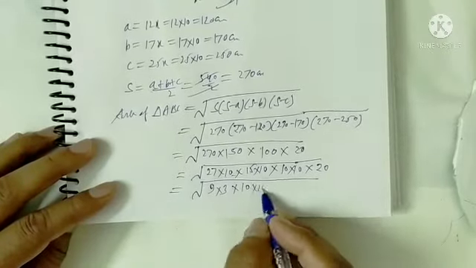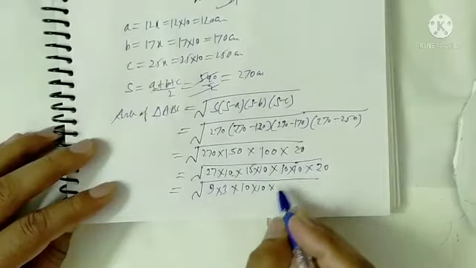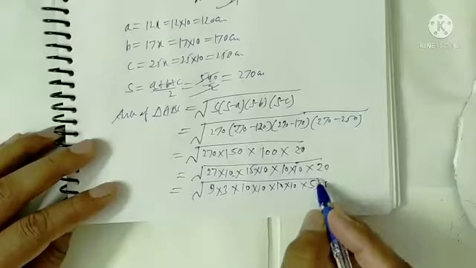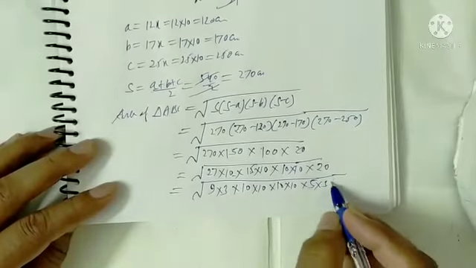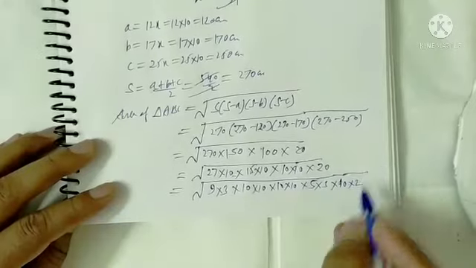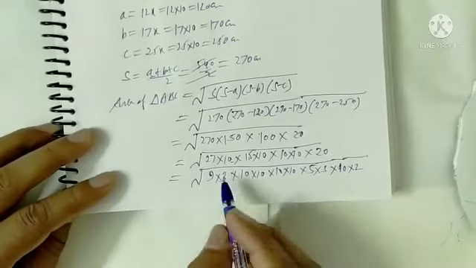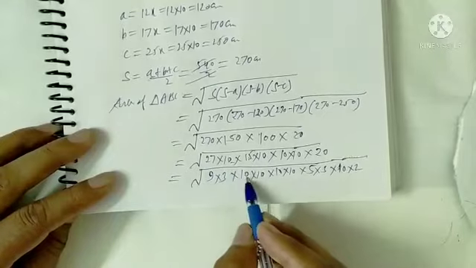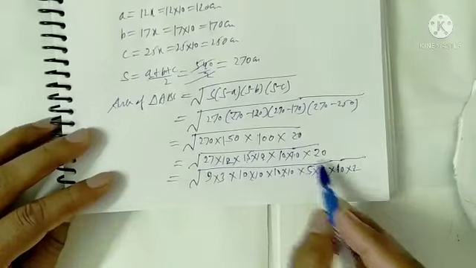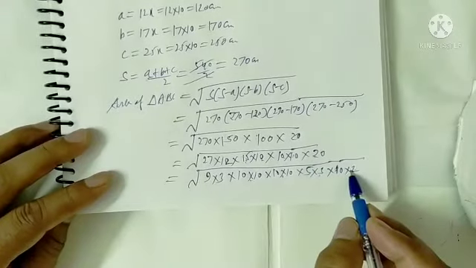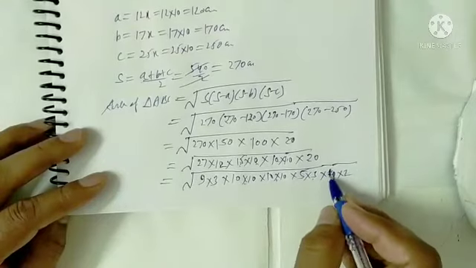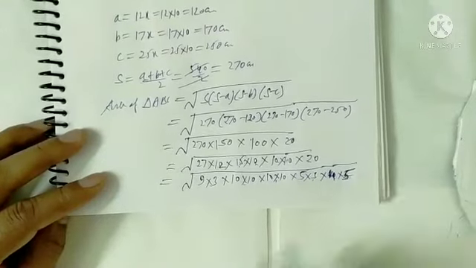Write down 10 together, 10 into 10. 15 means 5 3s are 15, 5 into 3. And this is 10, and 10 2s are 20, 2 into 10. Then 4 5s are 20, more better.